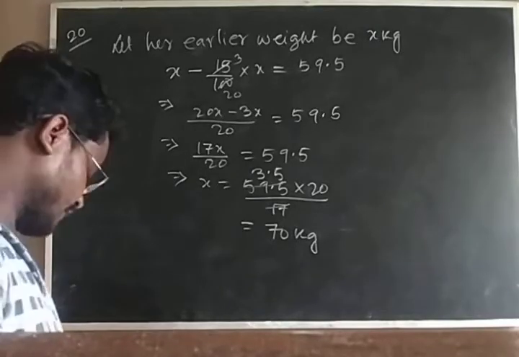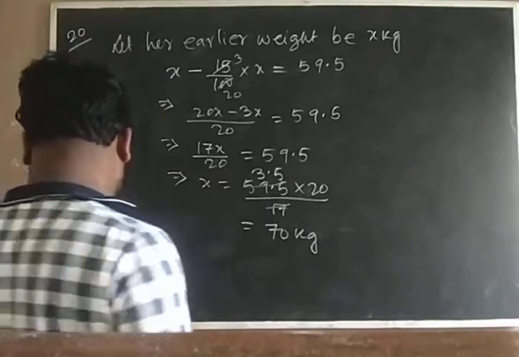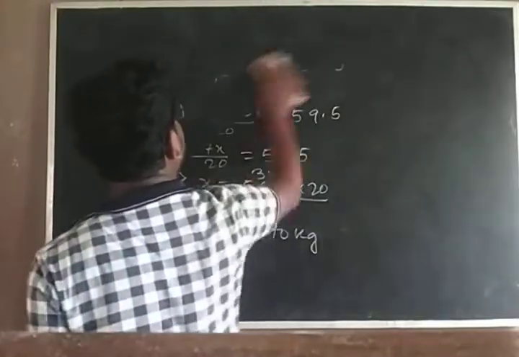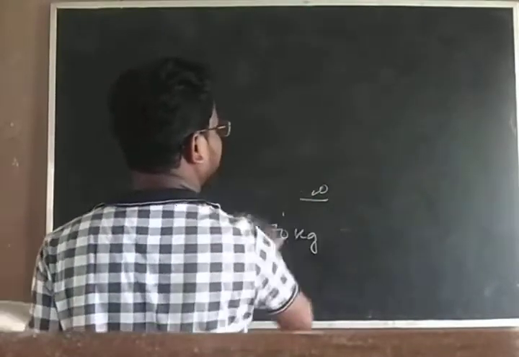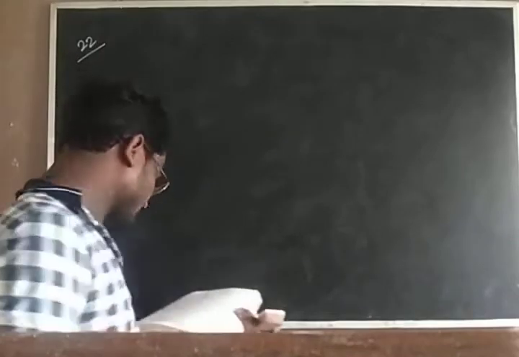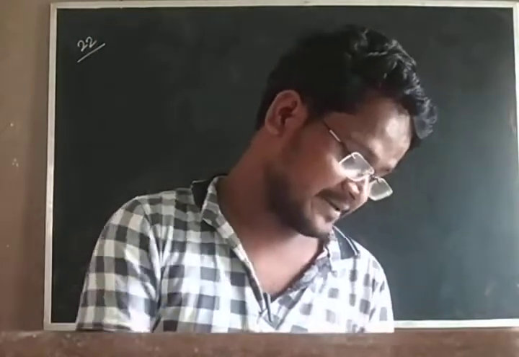Next, 22. Increase the price of rupees 200 by 10% and then decrease the new price by 10%.